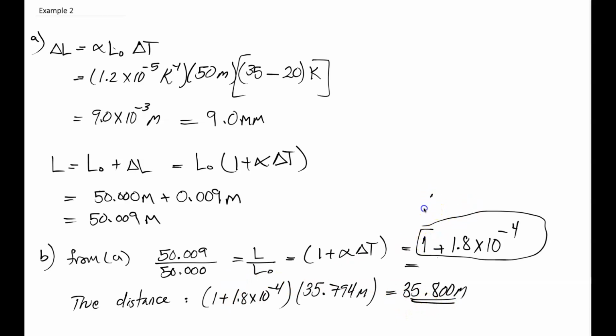Notice that this would equal 1 plus 0.00018, not what I had written before.